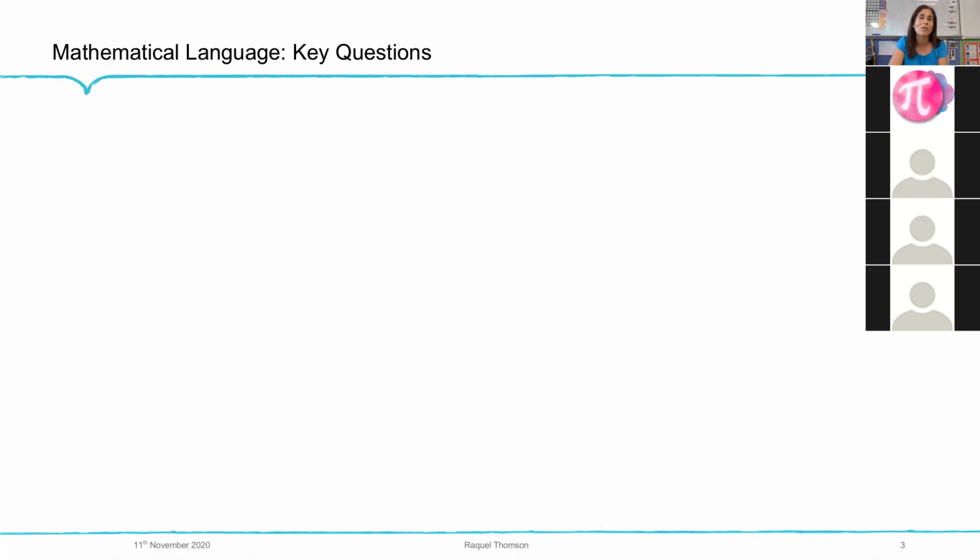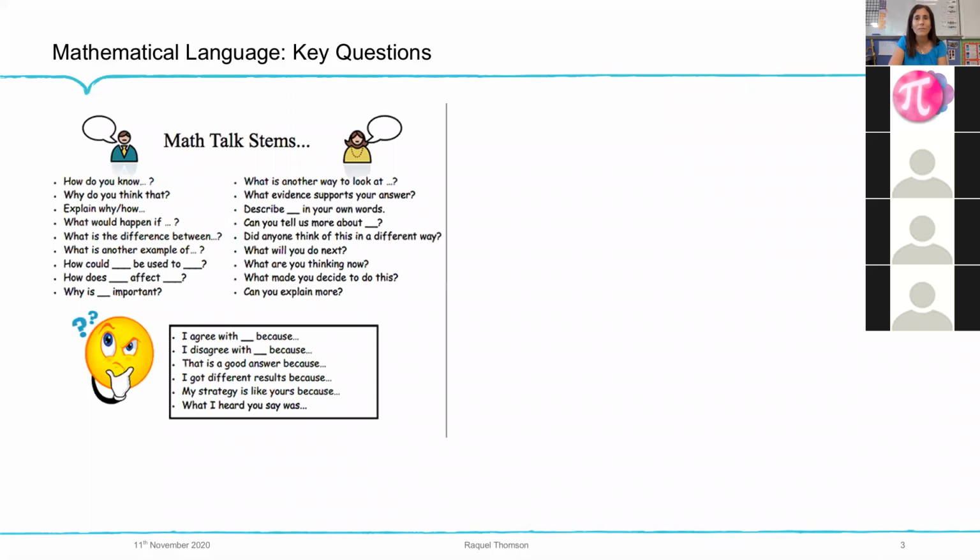One thing that lots of people use are maths talk stems, which are question starters that help children begin the discussion. For example, how does doing this to this number affect the other number, or what is another example of this? They are some go-tos of questioning techniques that can help.